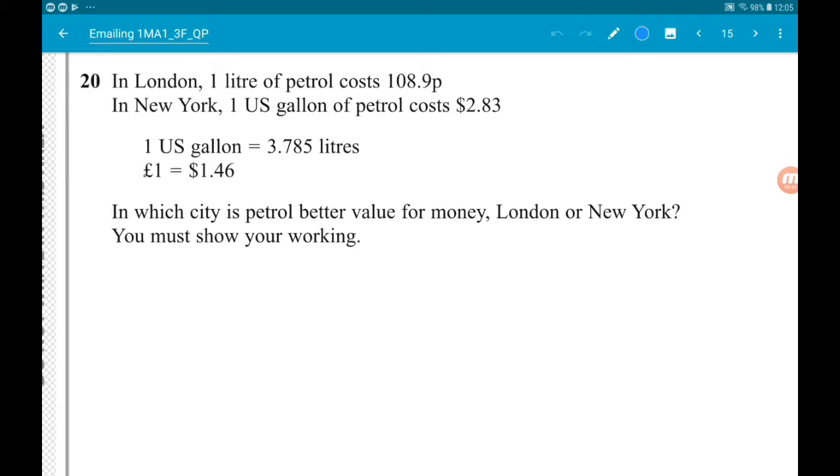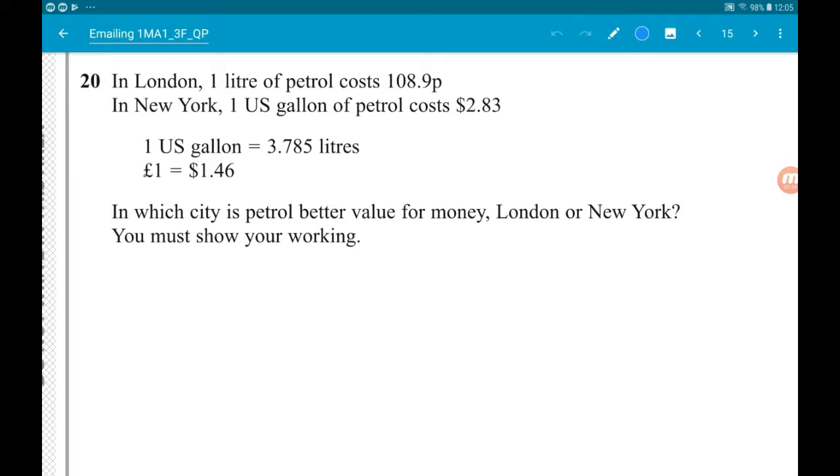Okay, so all we need to do is either turn the values in London into a US gallon and dollars, or the values in New York into 1 litre and pounds. So I'm going to turn the values in London into a US gallon and dollars.